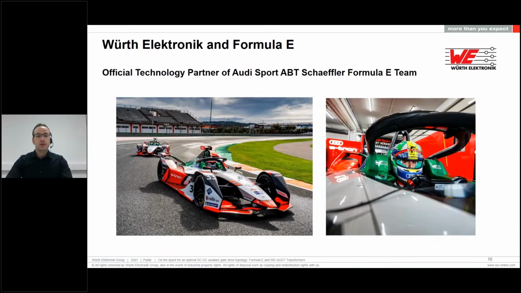Würth Elektronik is official technology partner of the Formula E team Audi Sport ABT Schaeffler, and as part of this technology partnership, Würth Elektronik has not only supported the team by providing optimized passive components, but also with some design activities.